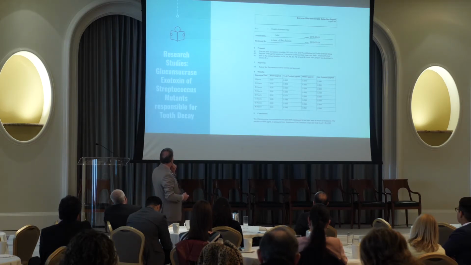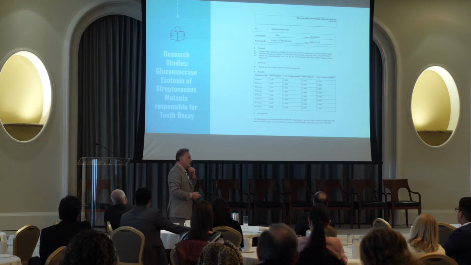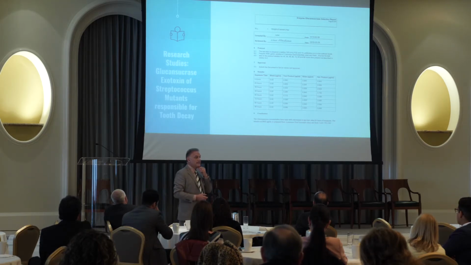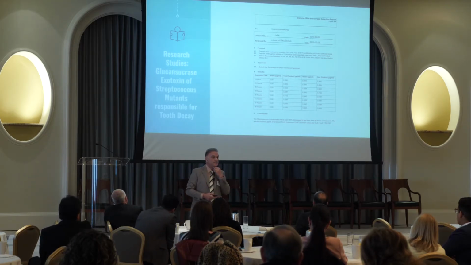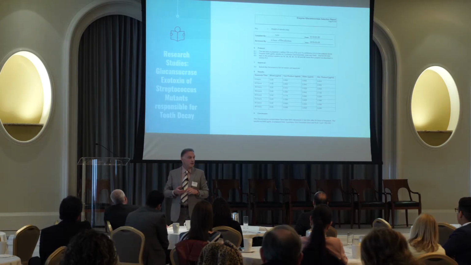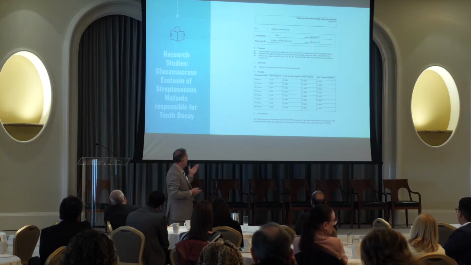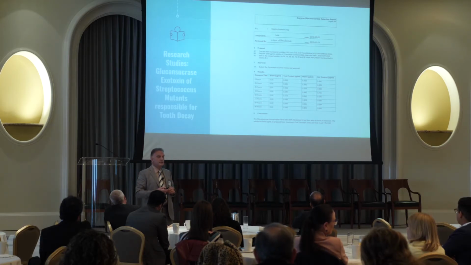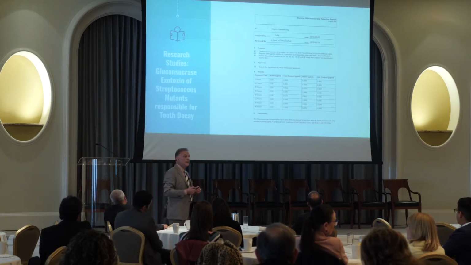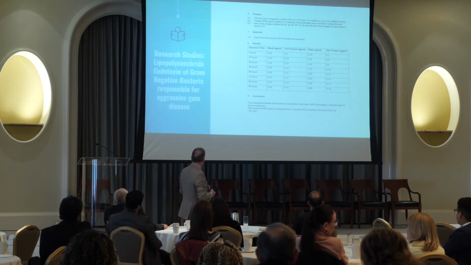And then we went after the enzyme that is being produced by the Streptococcus mutans, which are responsible for cavities. And again, 90% of that toxin is being neutralized without harming the Streptococcus mutans.